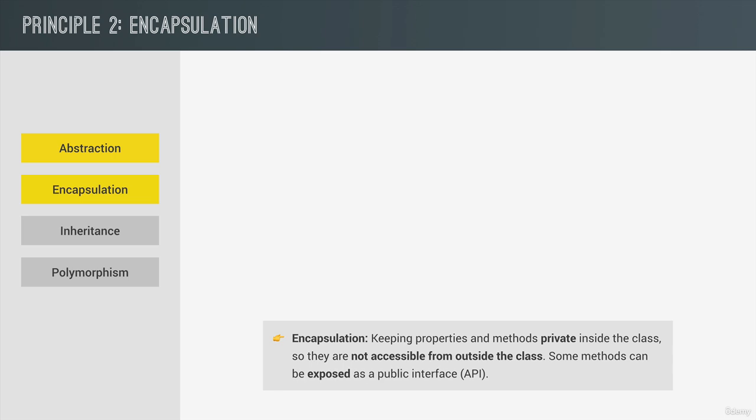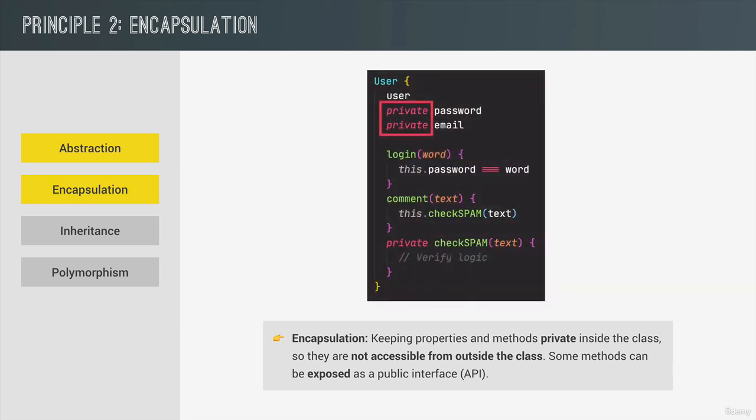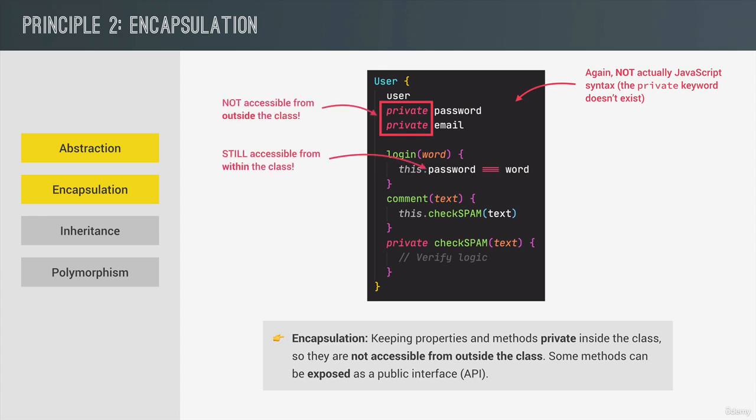And going back to our example of a user from before, this is what private properties might look like conceptually. And again, I'm talking hypothetical here, because this private keyword here actually does not exist in JavaScript. But anyway, as we already know, outside code now can't access these properties. However, inside the class, they are still accessible. For example, the password is of course necessary in the login method, right?